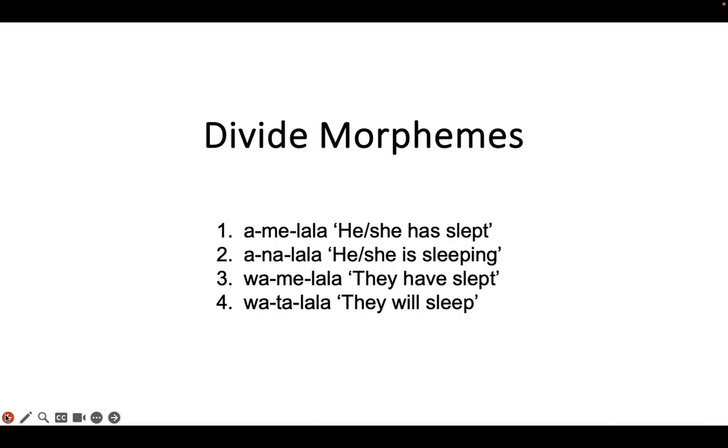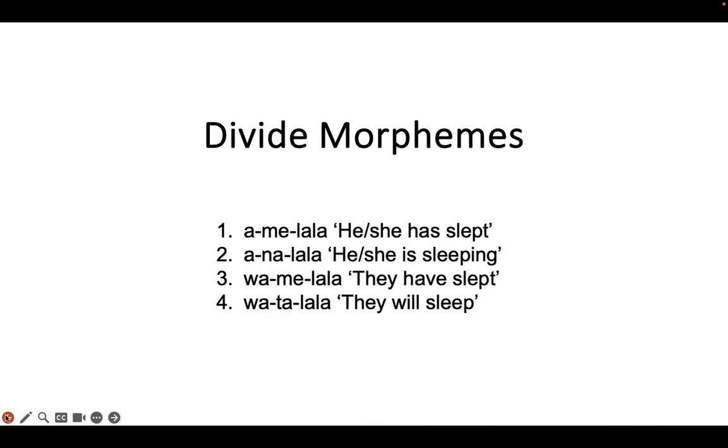So again, we're going to compare each word to the English translation and figure out which part of the word seems to go with which component of meaning in the translation. And so we've already noticed that lala is the root for sleep, and we have found that a is the morpheme for he, she, and then wa is the morpheme for they.